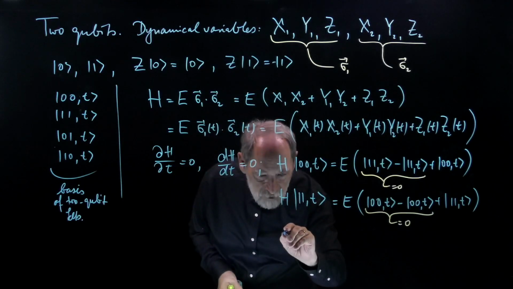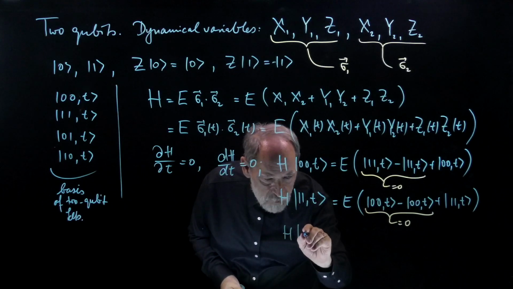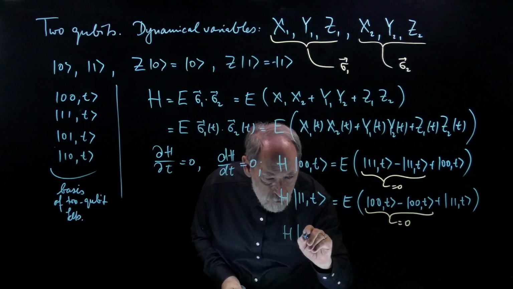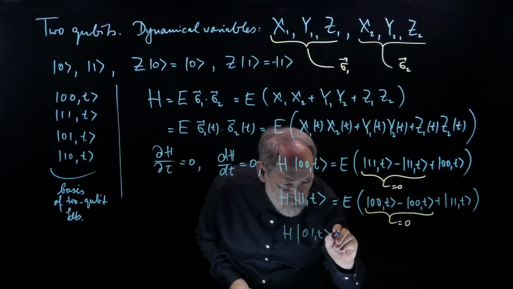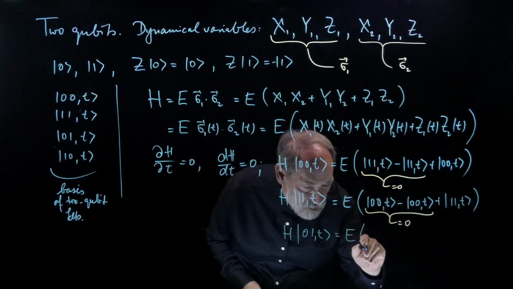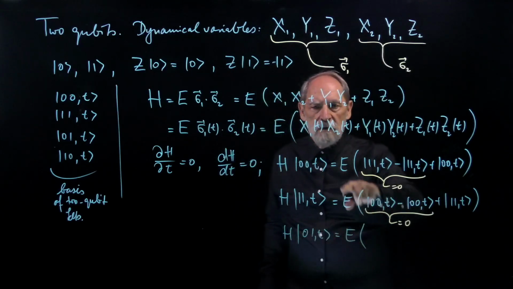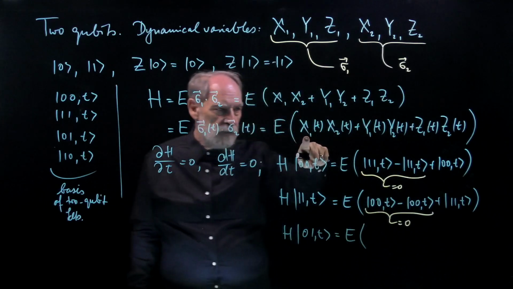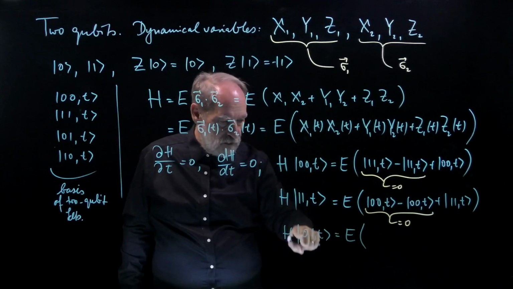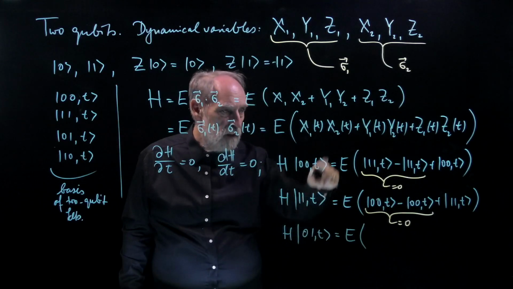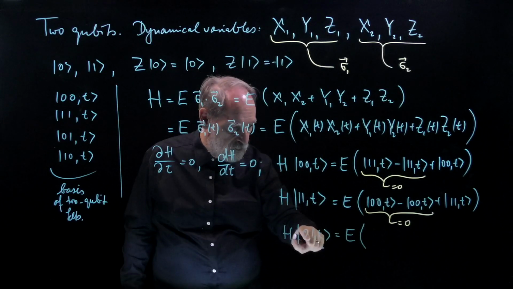Next, we look at the Hamilton operator applied to the |0,1⟩ ket at time t. So that's the energy. So now the x1 converts the 0 into 1. The x2 converts the 1 into 0.